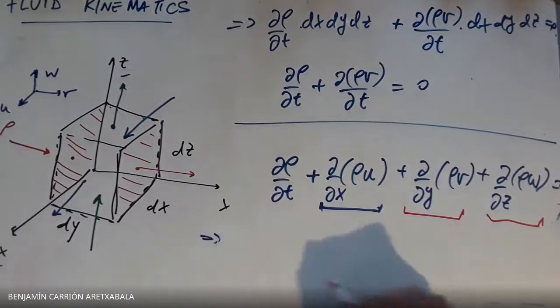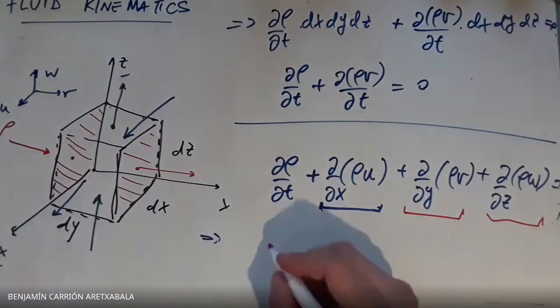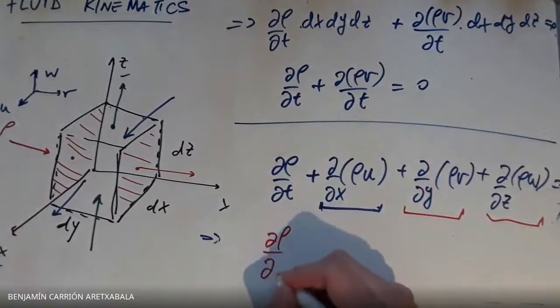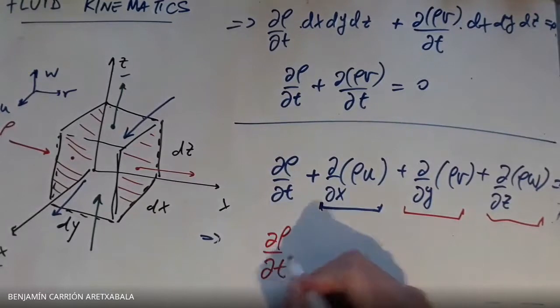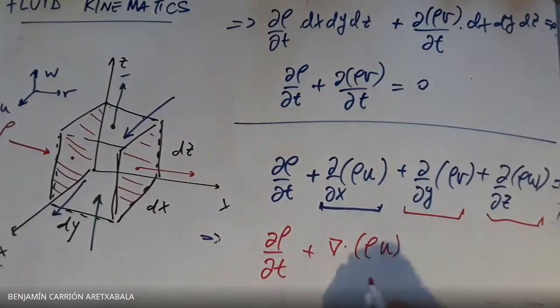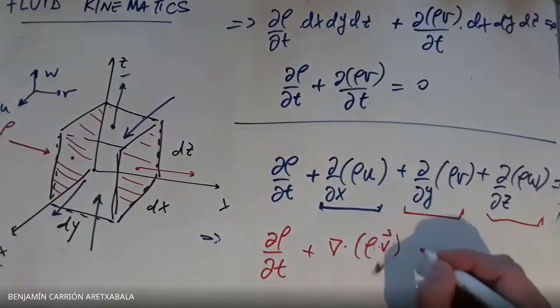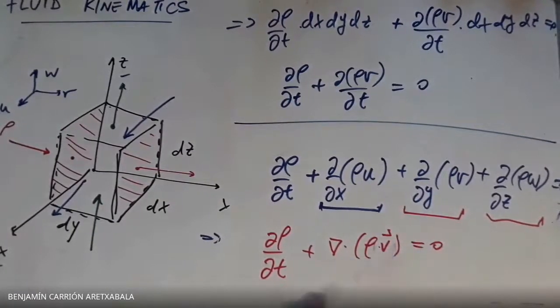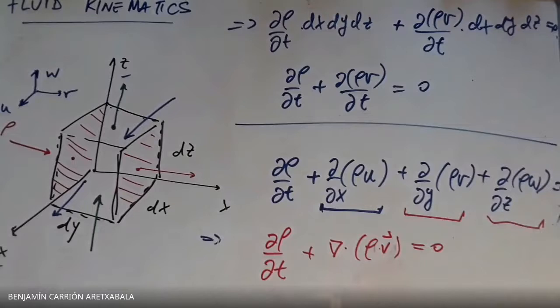So you can express this in a more fancy mathematical way, which is this one. The local derivative of rho plus the nabla operator applied to rho times the velocity vector. This has to be 0. And again, this says that the local change in density, which is the local change in mass, has to be equal to the advection of mass.